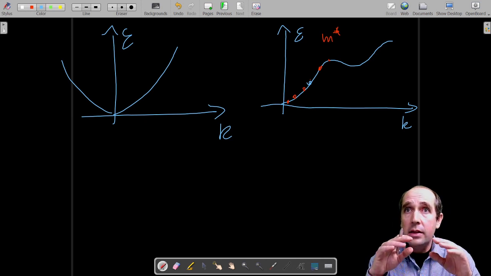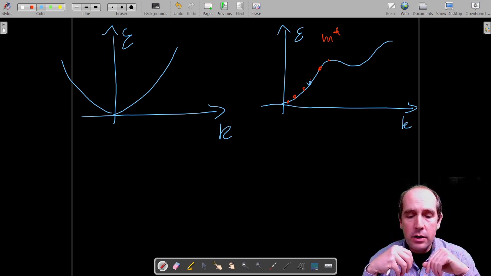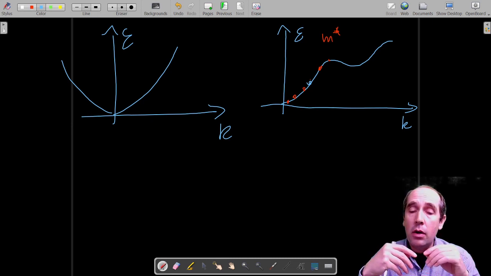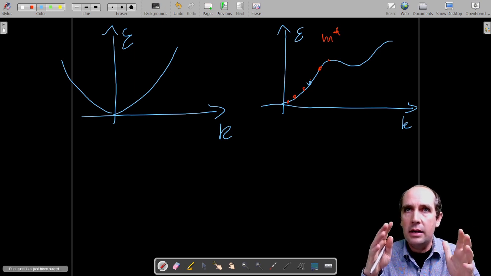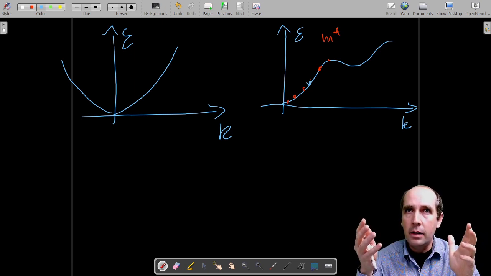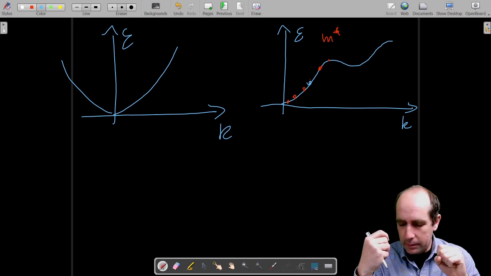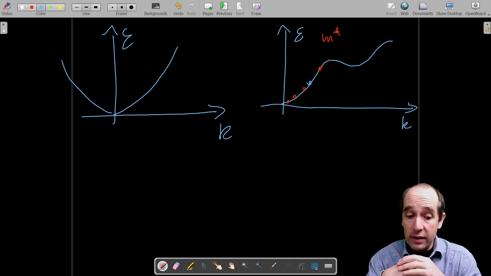So the mass will now be not a property of the particle itself, but a property of the particle occupying any particular quantum state of this quantum system that we call a crystal.